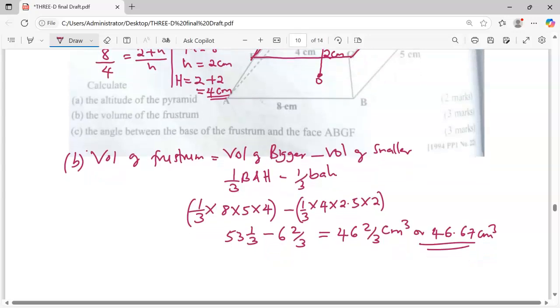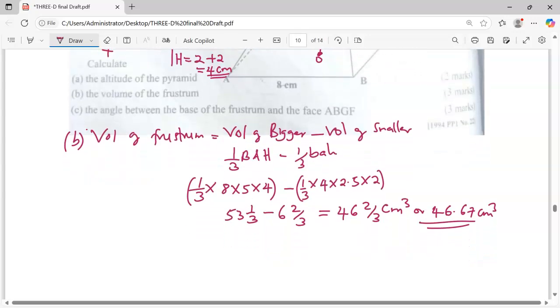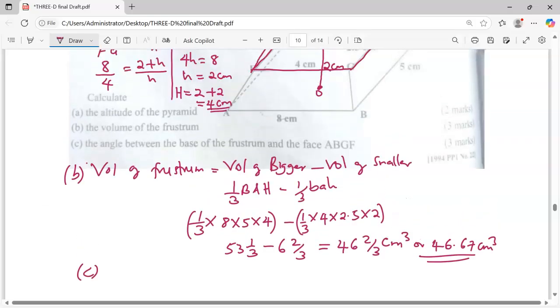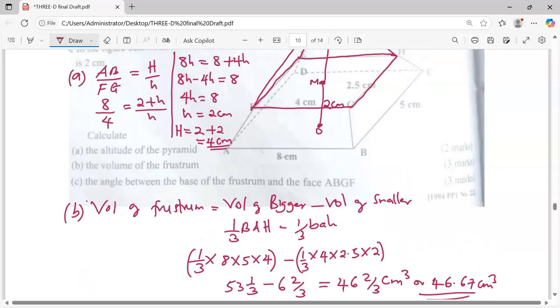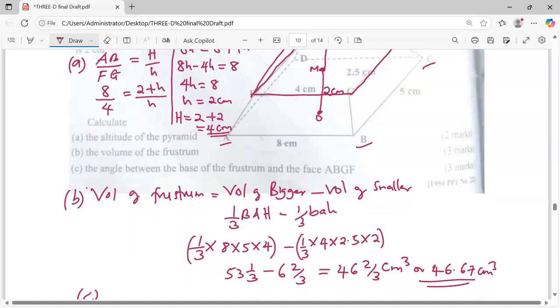Once we are done with part B, we go to part C, and in part C, we are supposed to calculate the angle between the base of the frustrum and the face ABGF. Remember, the base of the frustrum is ABCD, and the face is ABGF.